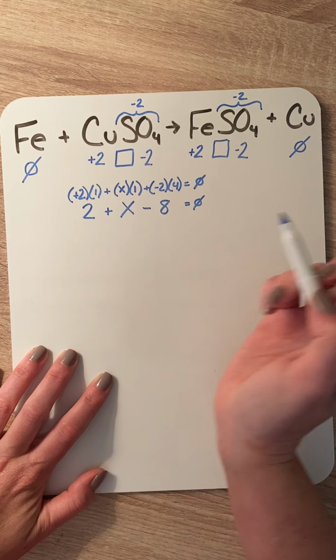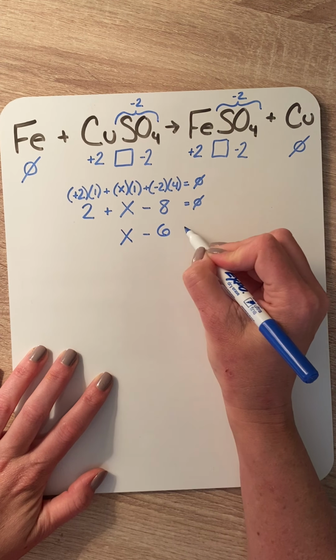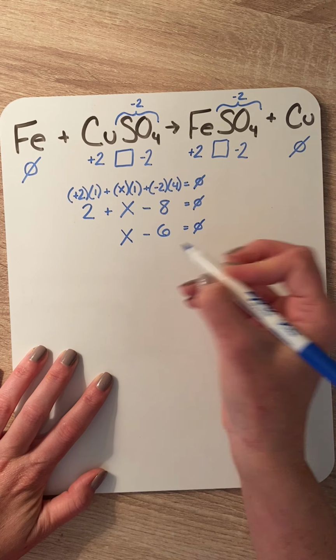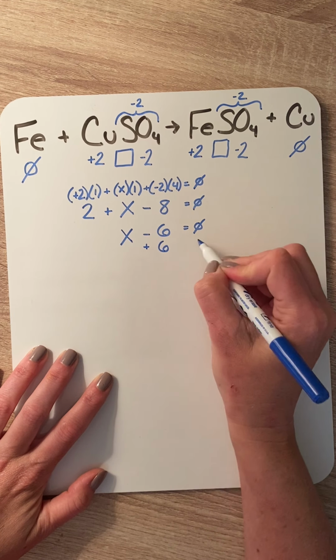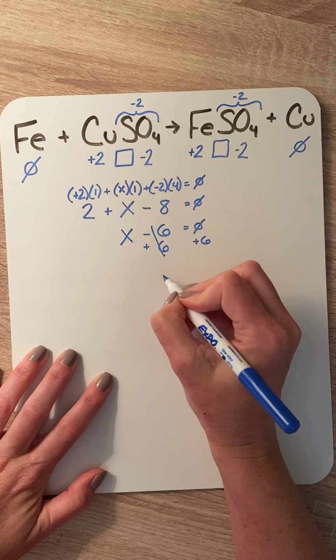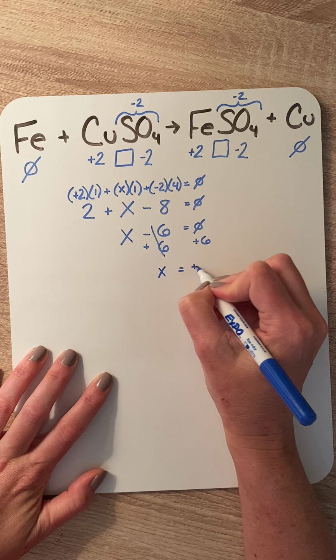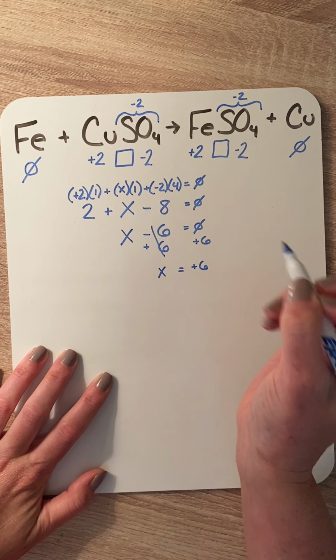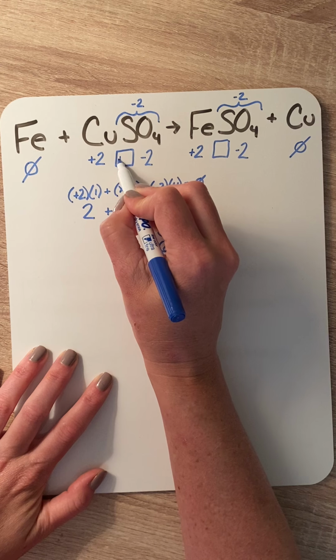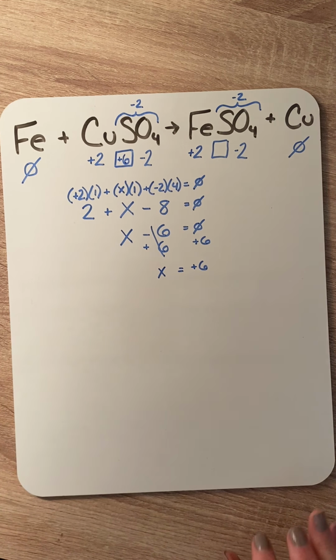I'm going to put the 2 and the -8 together, and we get x minus 6 equals 0. I'm going to add 6 to each side. So these will now cancel out, and I get x equals +6. So that means the charge of sulfur is +6. Okay?